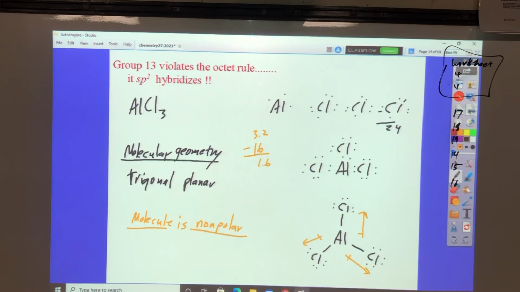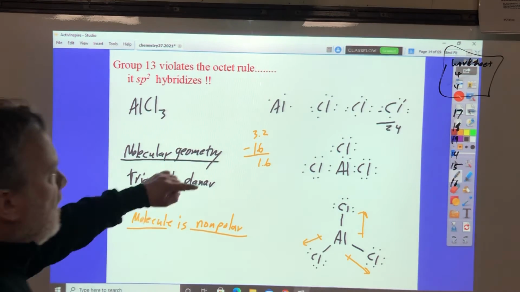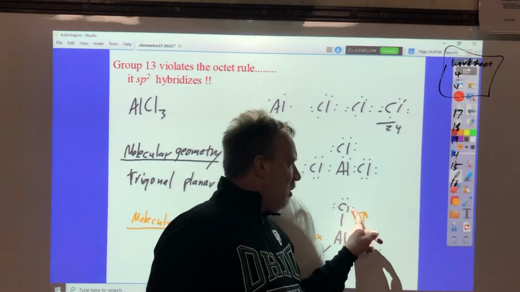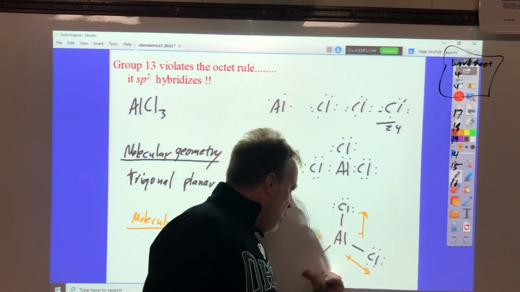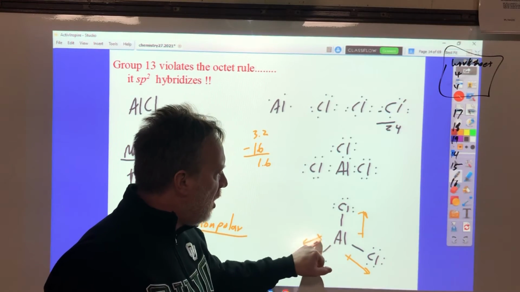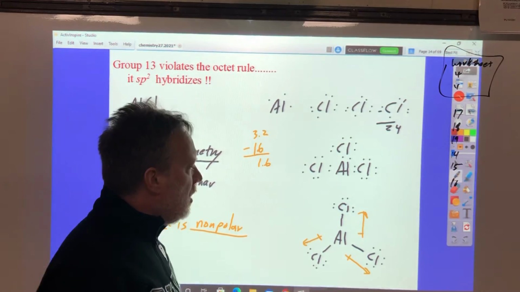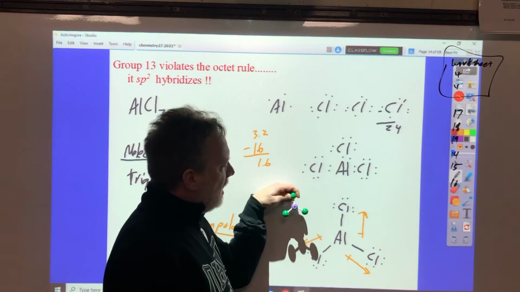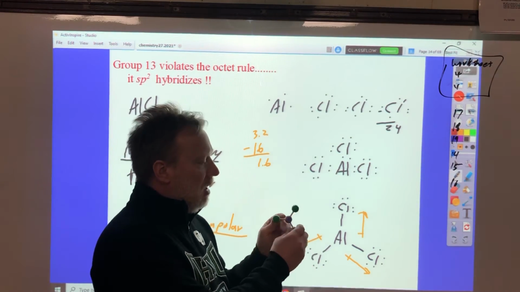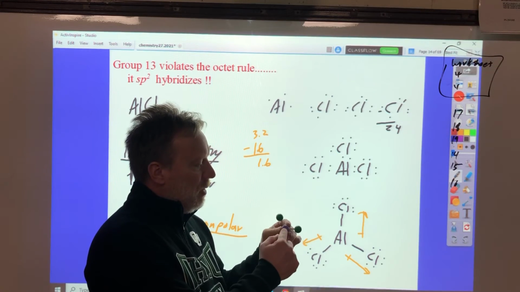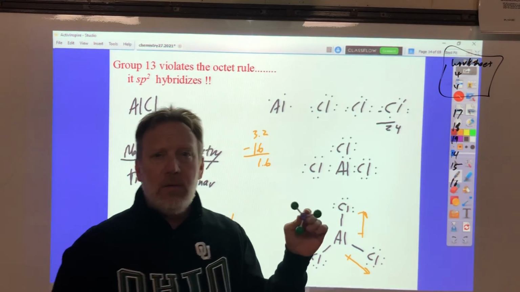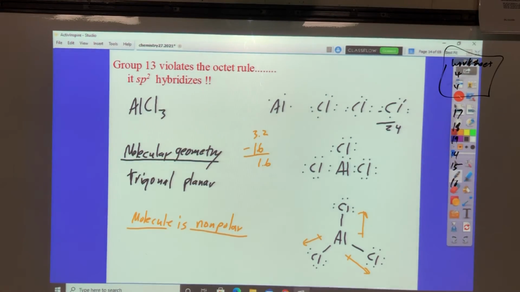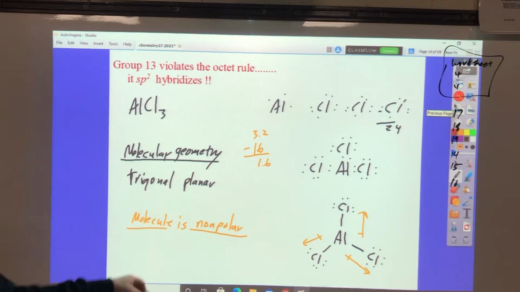Now, by the way, chlorine is the bigger number. So the dipoles point towards the chlorine, towards the chlorine, towards the chlorine, leaving the aluminum end partly positive. But because those dipoles are exactly equal and opposite and symmetrical about this central atom within this plane, they cancel. And the molecule is nonpolar as a whole.